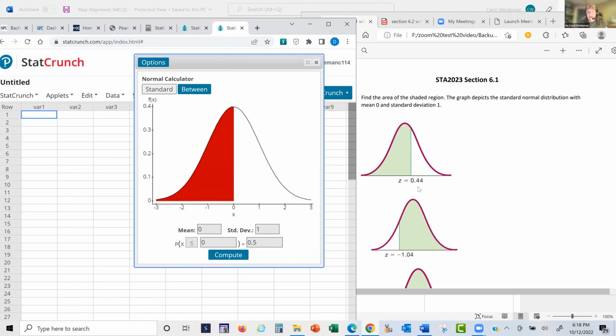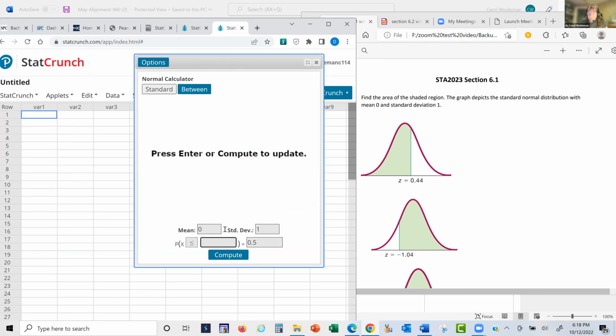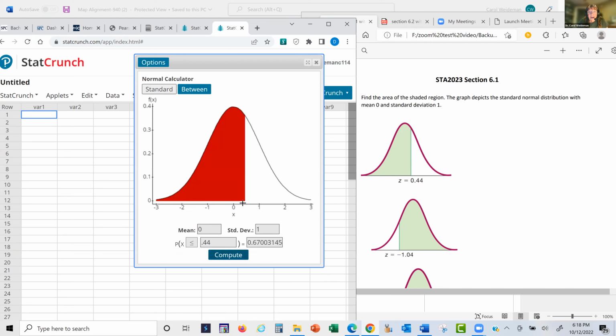Now, you want to find the probability, and down here, you're going to put in the z-score that's given to you on the picture. And I'll show you what happens. It's very nice because it'll show you a graph just like you see here. See how nicely it's shaded, just like the picture that you have there. Here's your answer right here. So the probability that a z-score is 0.44 or less is 0.6700.